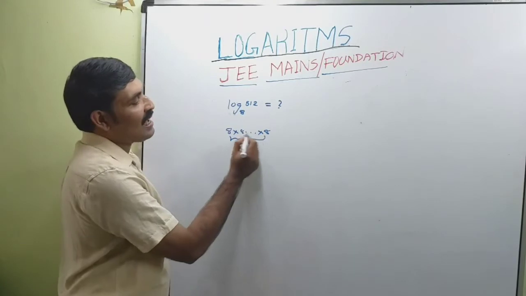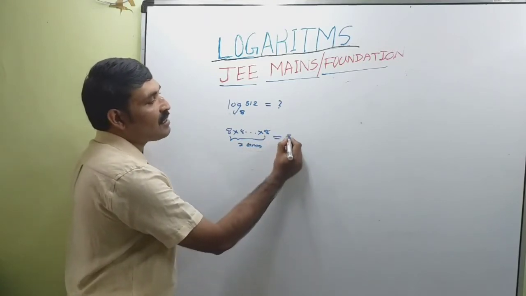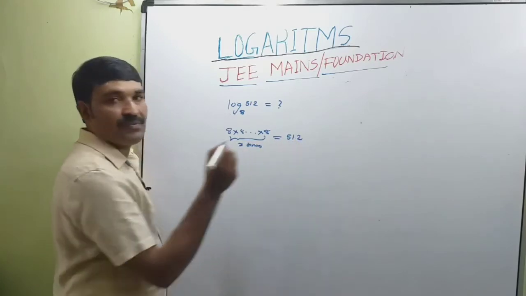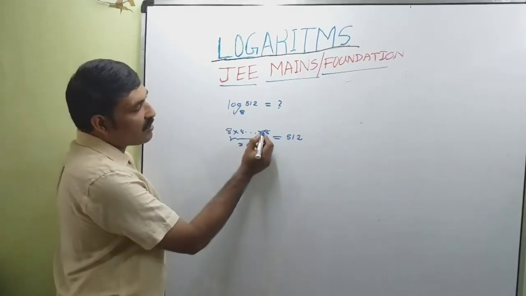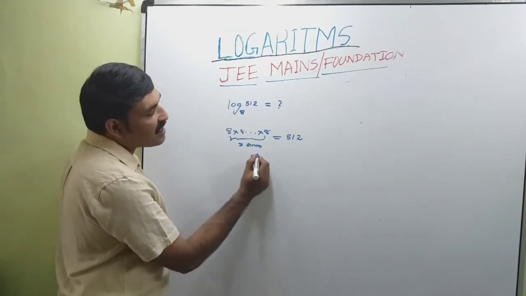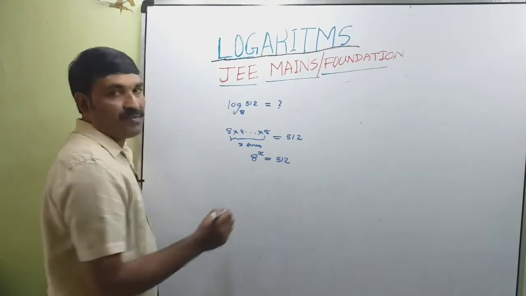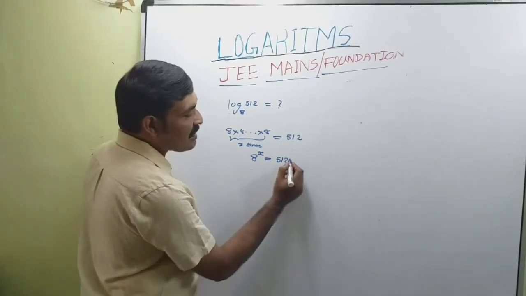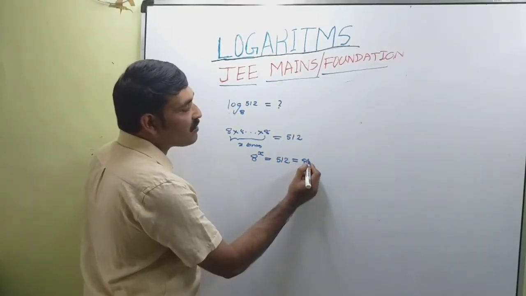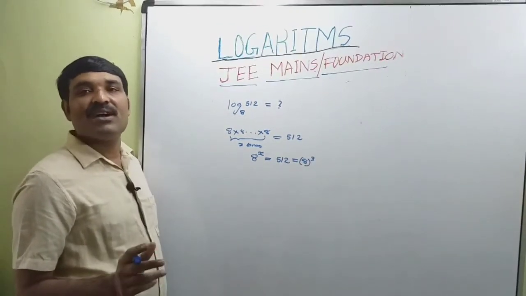So if we multiply 8 x times, we get the result 512. We can write the LHS as 8 raised to x equal to 512. 512 is equal to 8 raised to 3. Okay, 8 into 8 into 8 is 512.